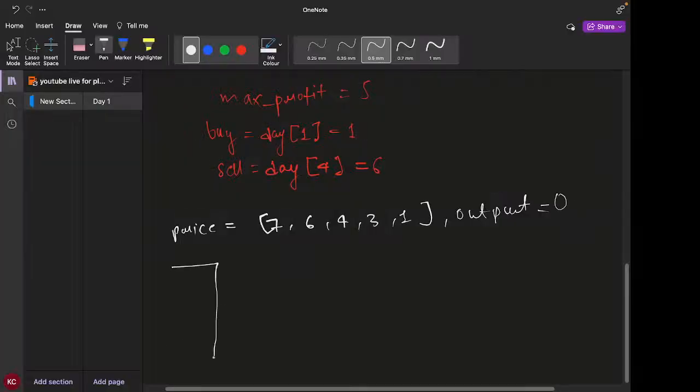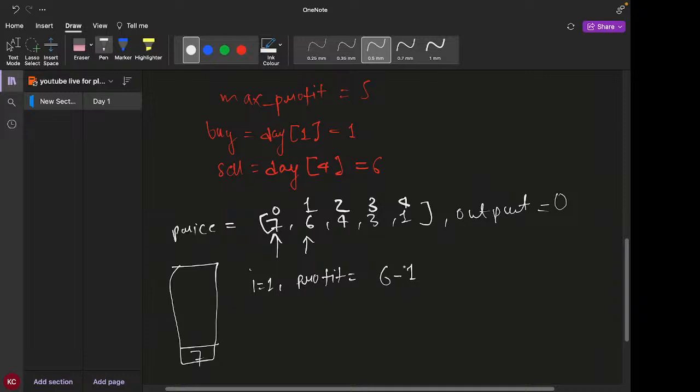Let's suppose I have a stack to maintain the minimum element. When I am here, the stack is empty, so I put it on the stack. And can I sell it on the same day? No, I have to sell it in the future, so I move on to the 6, i is equal to 1, with profit equal to 6 minus 7, that is the top of the stack.